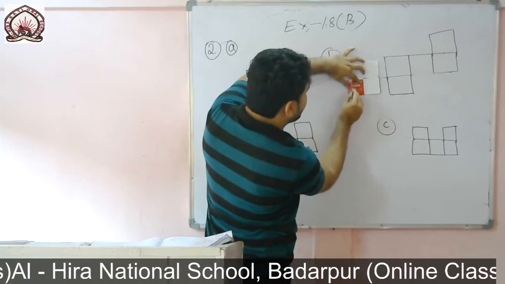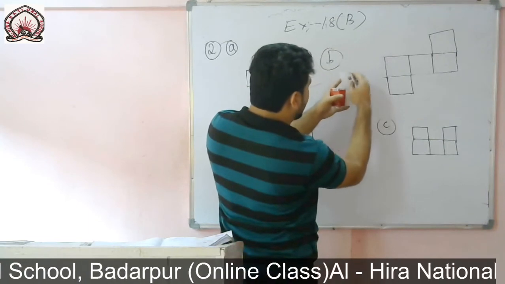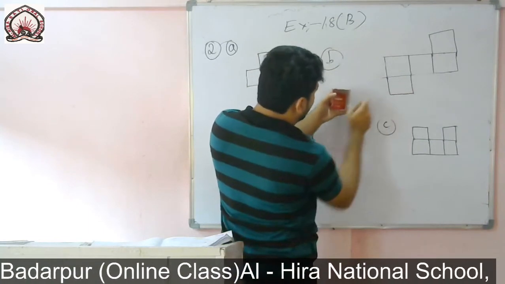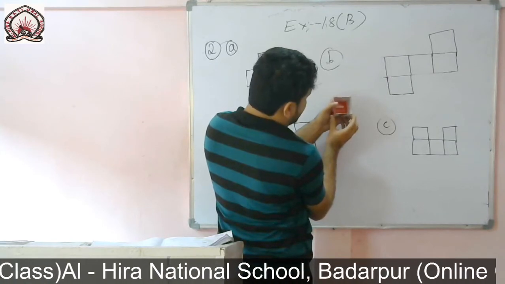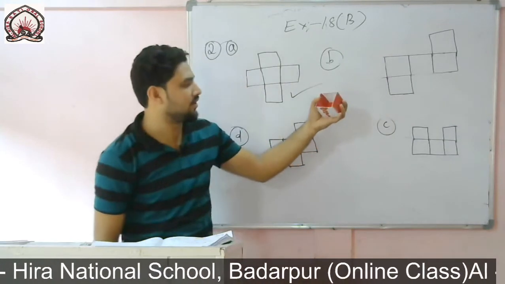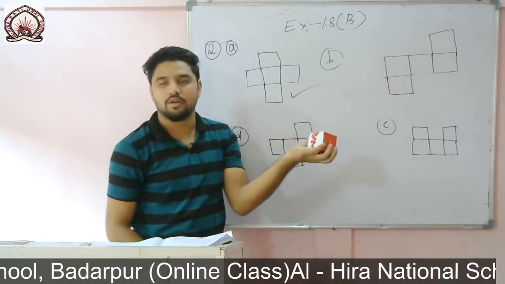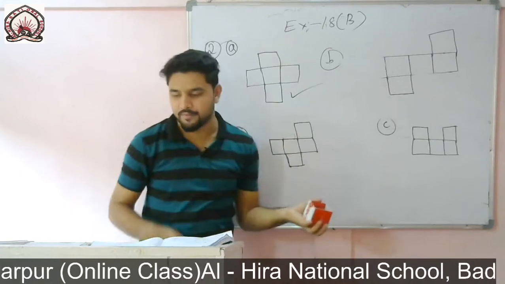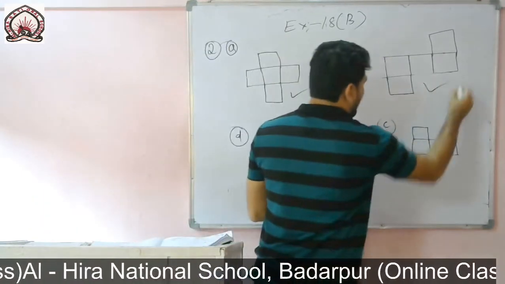If I fold them, then like this, then after that like this. With this there is a side, so it will become like this. So it's a open box. So for B it is possible.